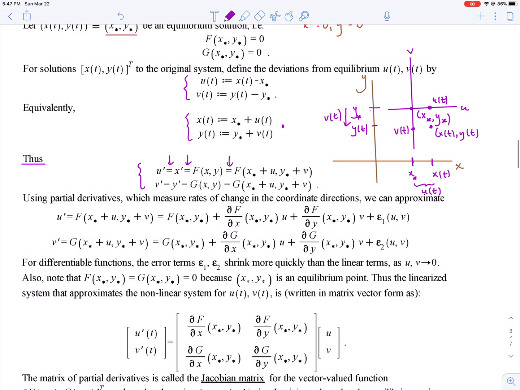Okay, so now looking at this identity and looking at the left side and the right side, we have u prime of t is f at x star plus u of t, y star plus v of t.